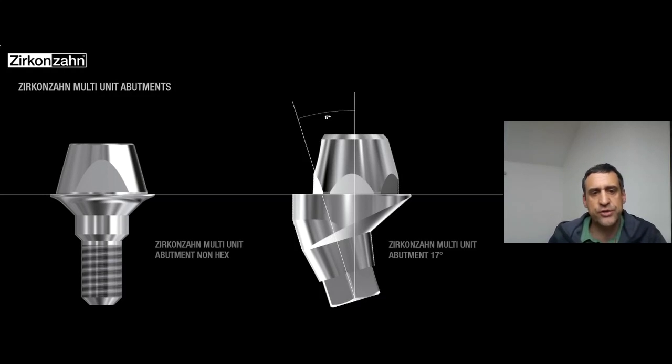It's usable for large restorations, with a conical T-base on top, or milled straight with a bar or something like that. But for the angulated one, the connection, the lower part of the multi-unit, you can have in type 1 or in type 2. So in type 1 and type 2, the X is placed in a different way.